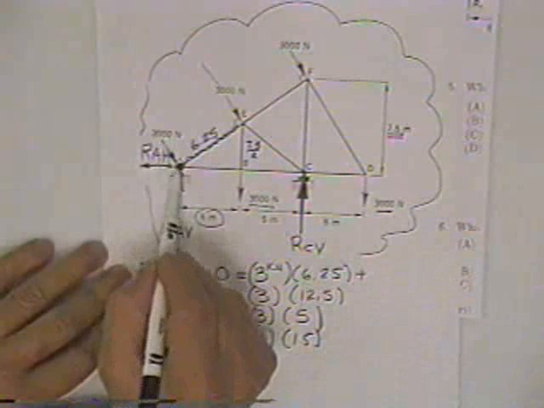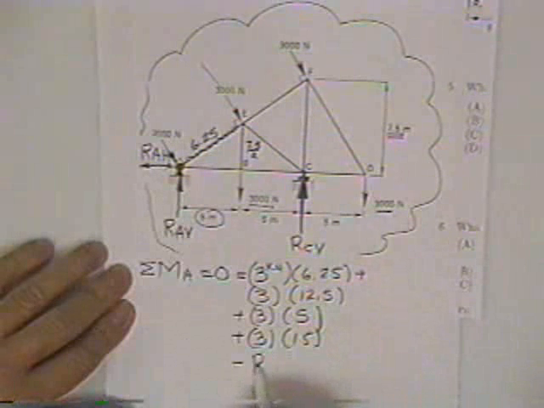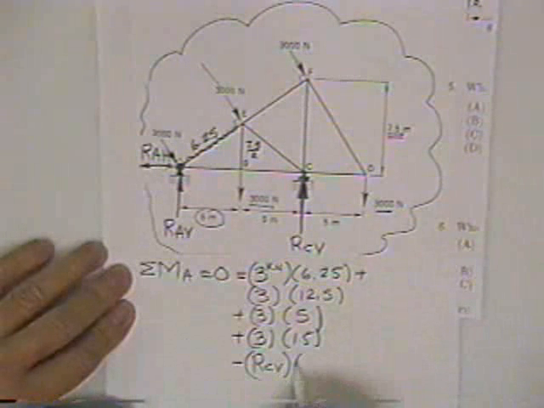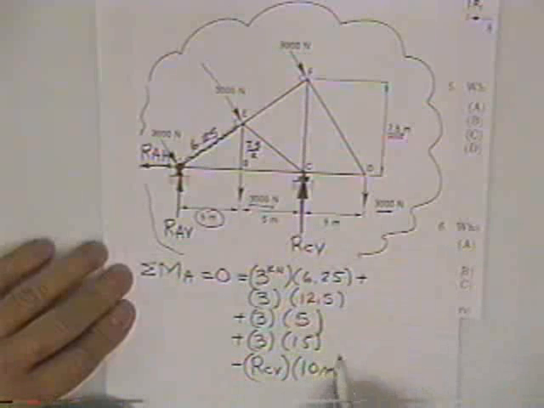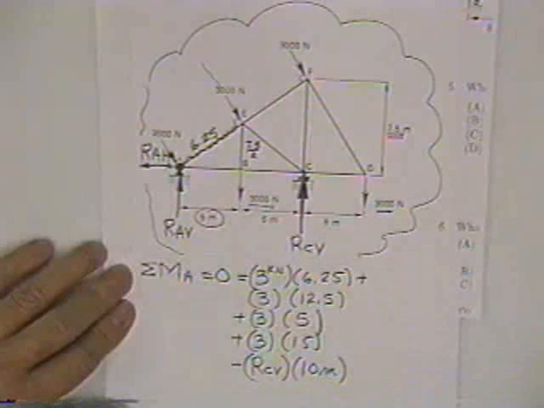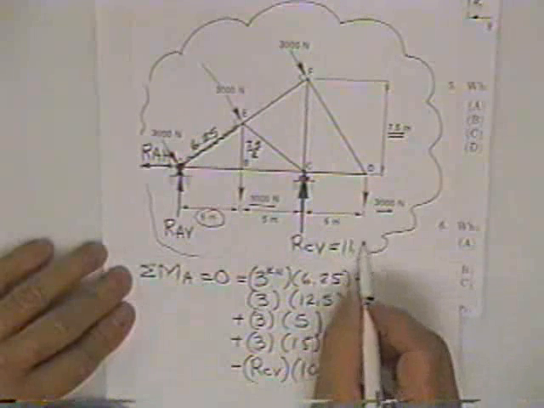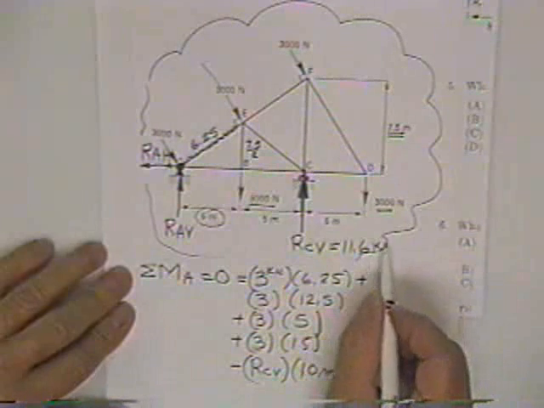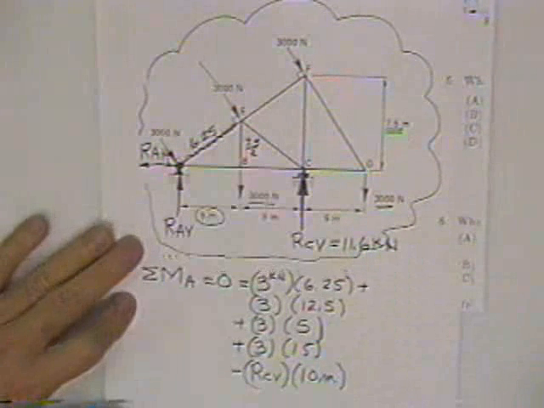There's this one here, of course, but he goes through point A, so we don't have to mess with him. Minus the reaction at C vertical, and multiply that times 10 meters, and solve for R sub CV, whatever it is. Doesn't really matter. Did you already get it? 11.6. Okay, 11.6 kilonewtons. You have to be a little careful because everything else is shown as newtons.